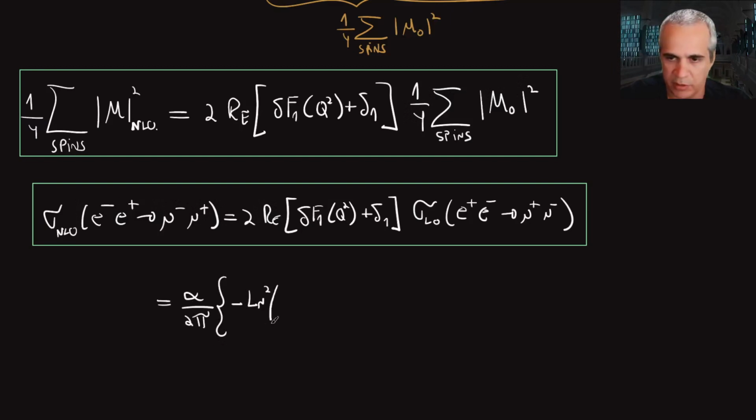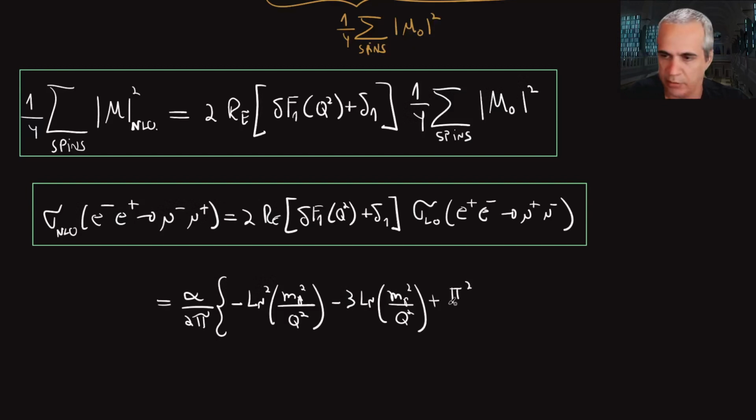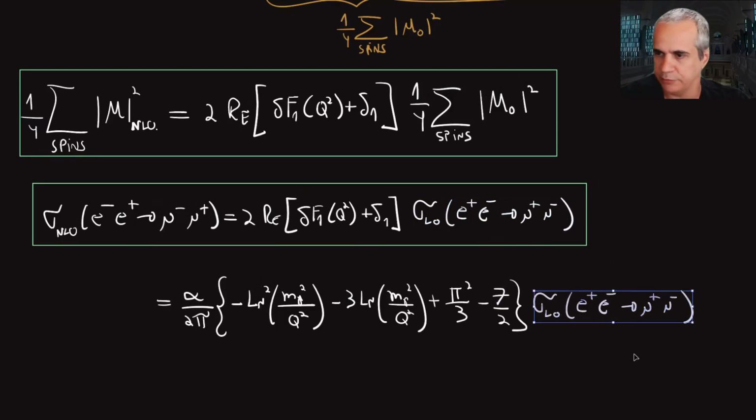So it's a log square of m gamma square over q square, minus 3, and now I only care about the real part, so all the complex parts that I had here can go away, m gamma square over q square, plus pi square over 3, minus 7/2, times the leading order cross section, right?